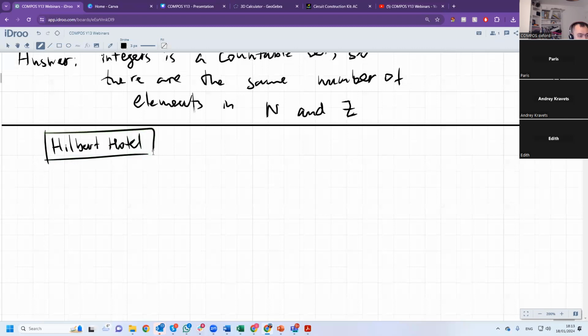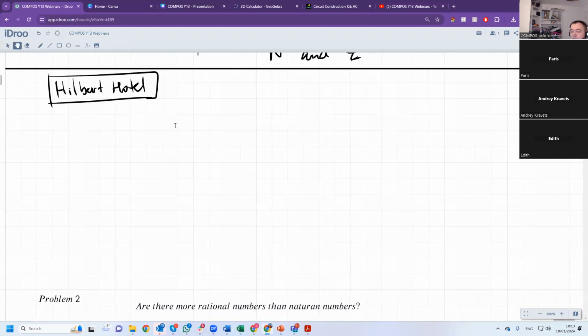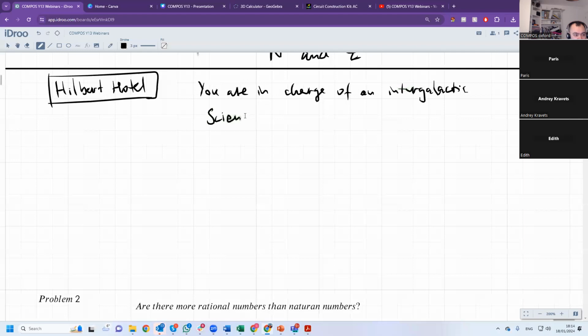You are in charge of an intergalactic science conference, and you have a hotel with infinity rooms.